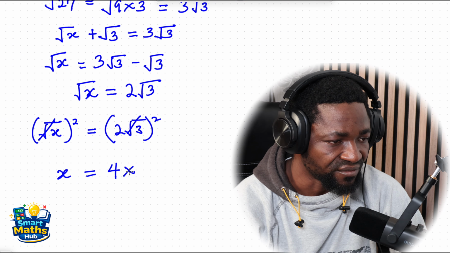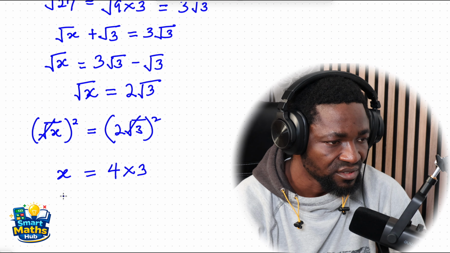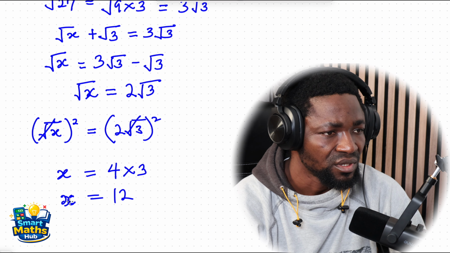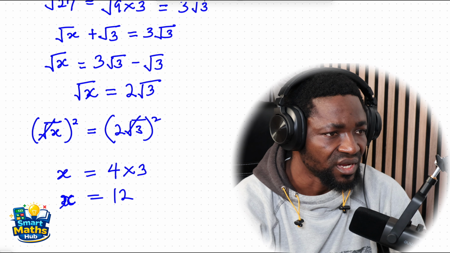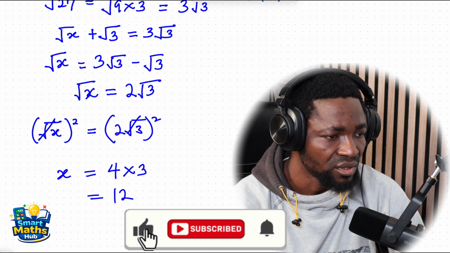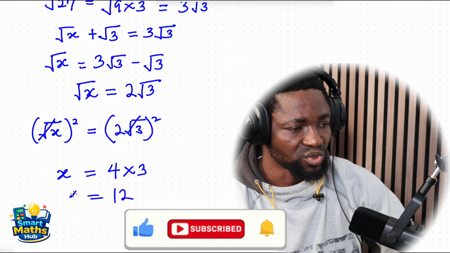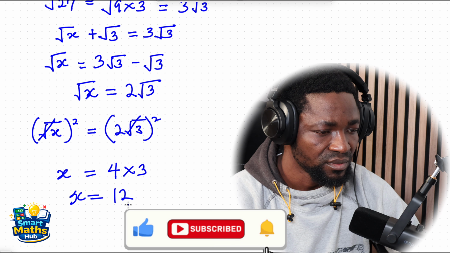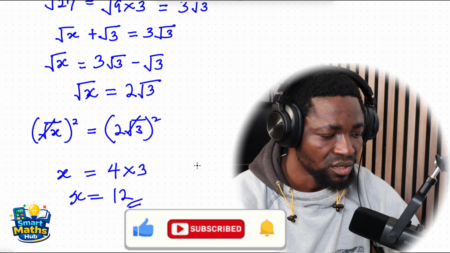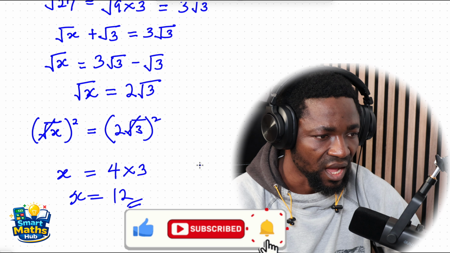And your final answer is 12. That's how we solve any surd equation like this.